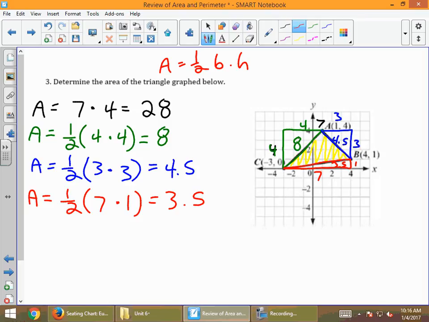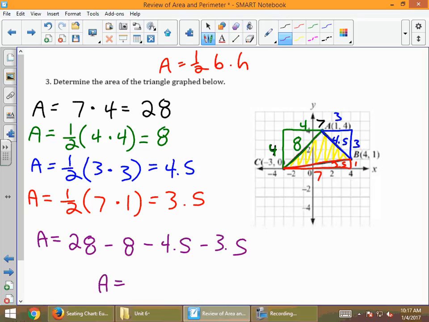Again, I don't care about the green, red, or blue. I want that yellow section in the middle. So since I know what the whole thing is, I'm going to subtract the green, subtract the blue, subtract the red, and I will have my final answer. So the area of that triangle is going to equal 28 minus 8 minus 4.5 minus 3.5.